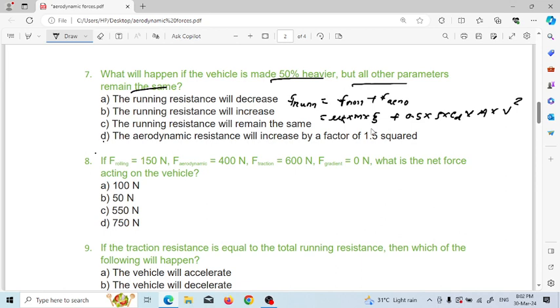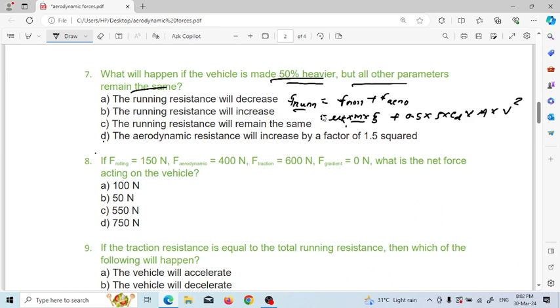As the running resistance is the sum of rolling and aerodynamics resistance, rolling resistance is directly proportional to the mass of the vehicle. So if the mass of the vehicle is 50% higher, then running resistance will increase.